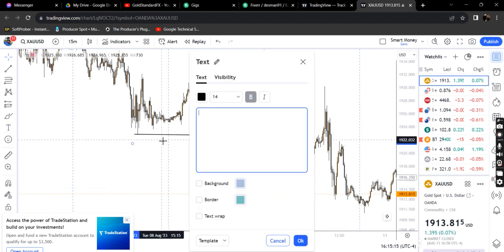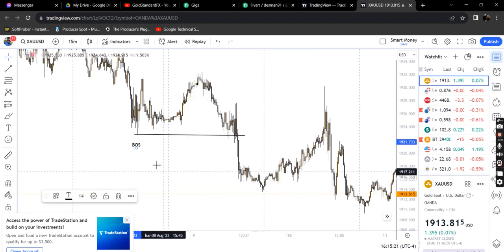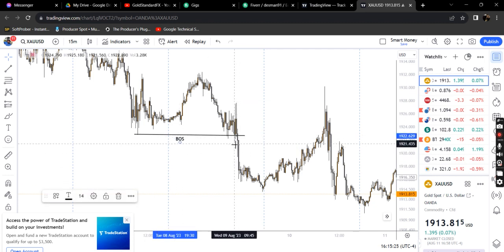I'll just put BOS right here, which stands for breaker structure. And then we see price continue down with no further breaker structures on that Wednesday, just that one breaker structure.